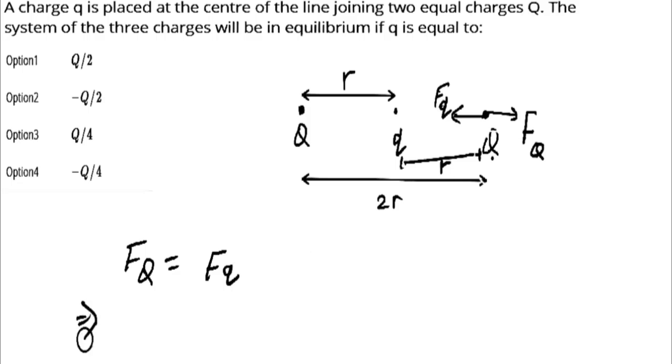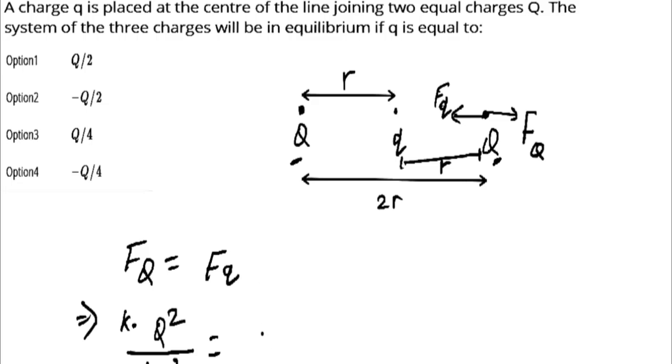F_Q will be k into Q into Q, that is Q squared upon the net distance 2r, whose square is 4r squared. This will equal, now look, the value of small q will be of the opposite nature to capital Q. If capital Q is positive, then small q should be negative, because the force between small q and capital Q is attractive.